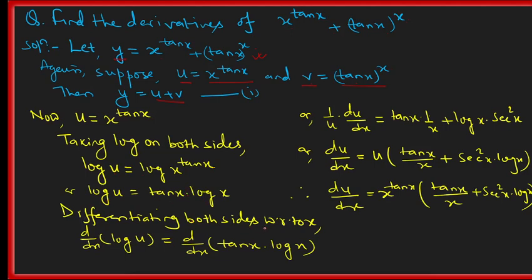Differentiating both sides with respect to x. D by dx of log u equal d by dx of 10x times log x. Similarly, 1 by u du by dx is like a dy by dx. Here u is used, that's why 1 by u du by dx equal first no change, derivative of second is 1 by x, plus second no change, derivative of 10x is sec square x times log x.